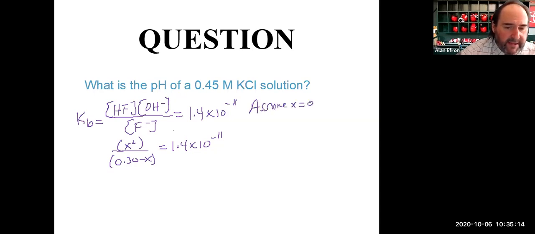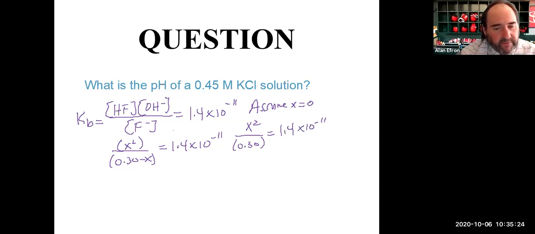And if we do that, that gets us x squared over 0.3 equals 1.4 times 10 to the minus 11. We're going to multiply the 0.3 to the other side and also take the square root of it.